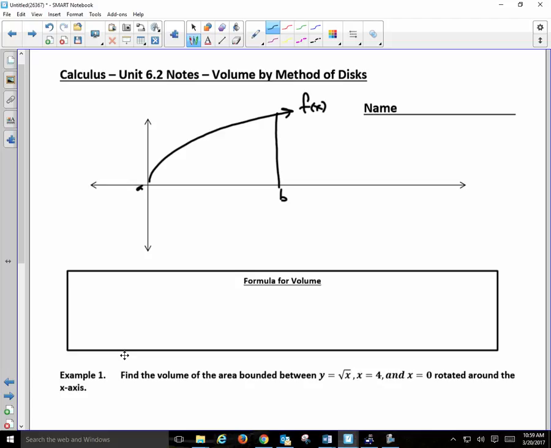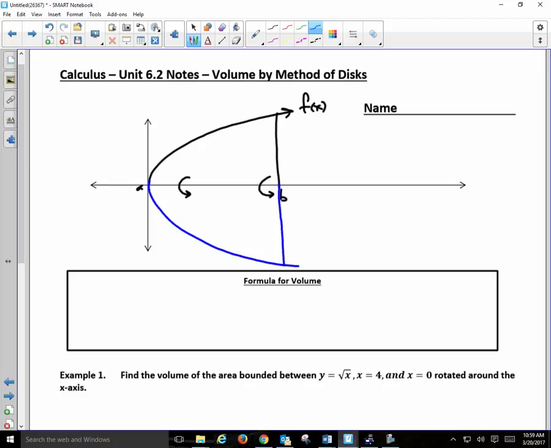So I'm literally going to take this and spin it around, okay? As I spin it around, it's hard to draw a three-dimensional shape on a two-dimensional space, but I'm going to do my best. As I spin that around, that part will come down there.